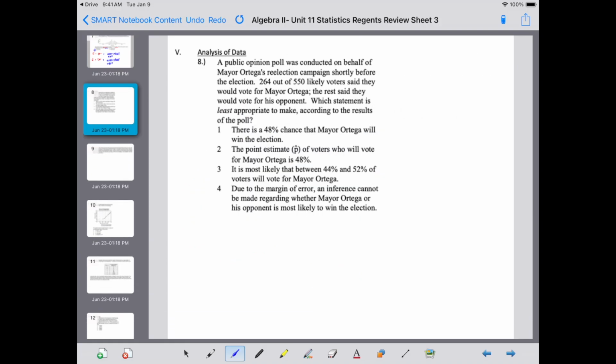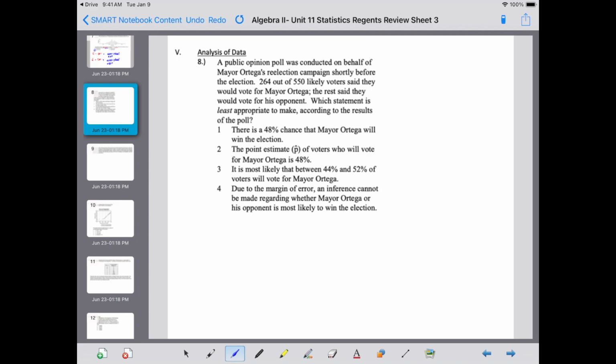Okay. A public opinion poll was conducted on behalf of Mayor Ortega's re-election. Shortly before the election, 264 out of 550 likely voters said they would vote for Mayor Ortega. The rest said that they would vote for his opponent.